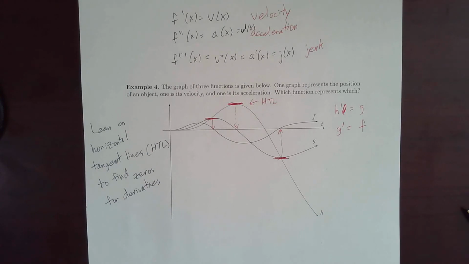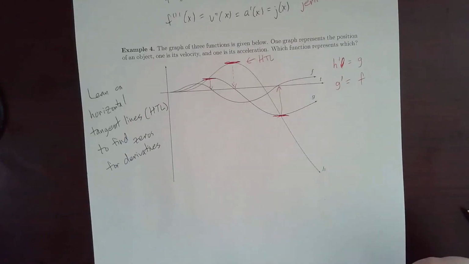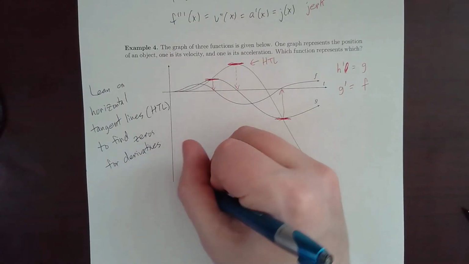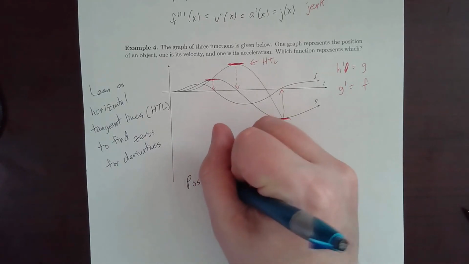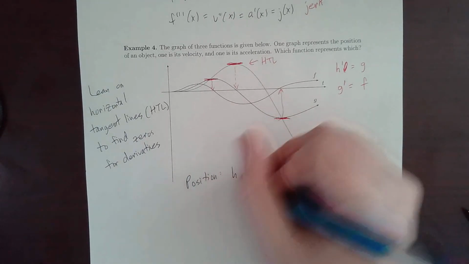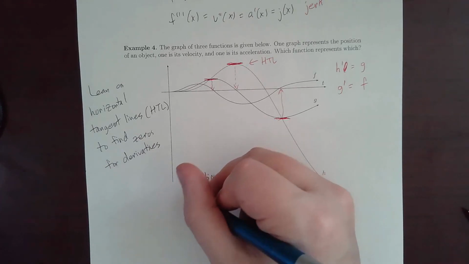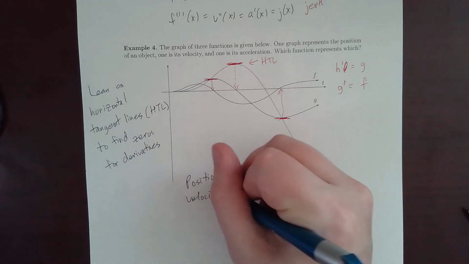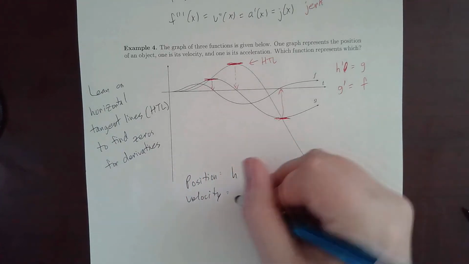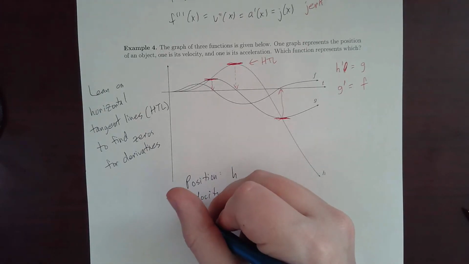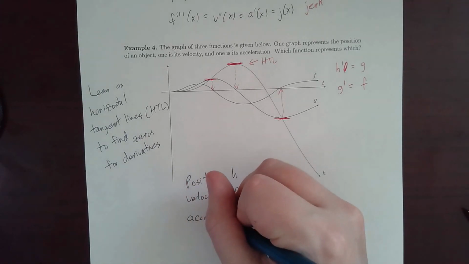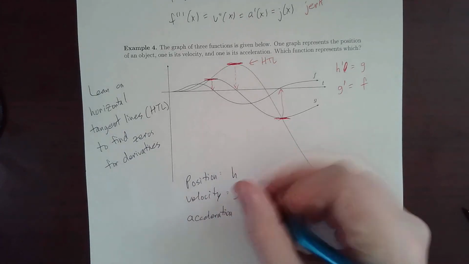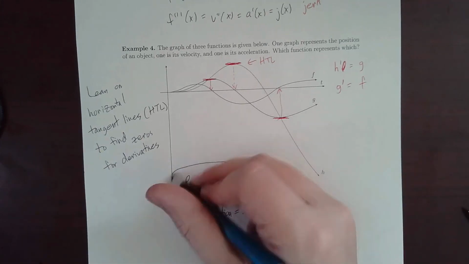So that means then that we would expect our position to be h, our velocity to be its derivative g, and the acceleration to be f.